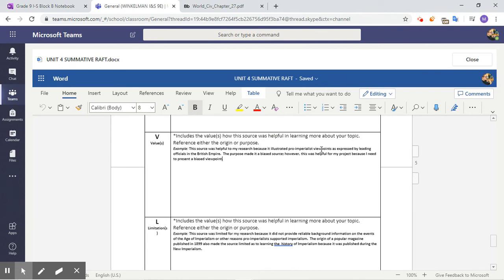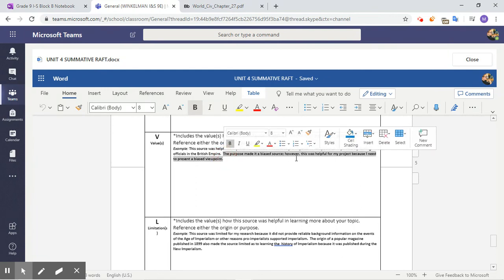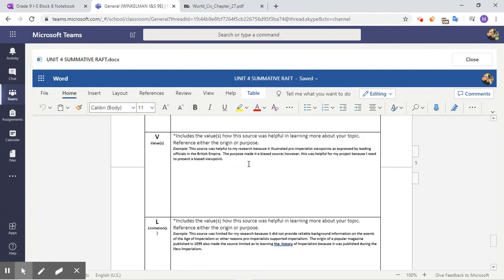If I'm going to be a pro-imperialist, I need ideas of what to talk about. So this showed me some things that people were saying. That's how I used it. Now, the purpose made it a biased source. However, that was helpful for my project because I needed to be biased about the same thing. Again, this is an 8.